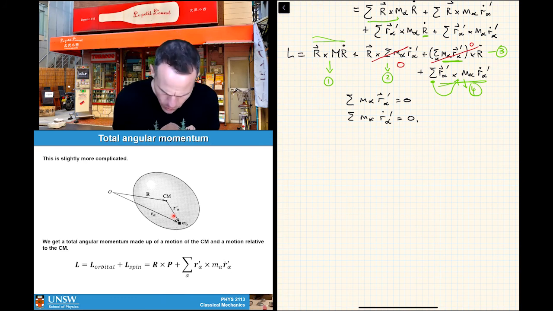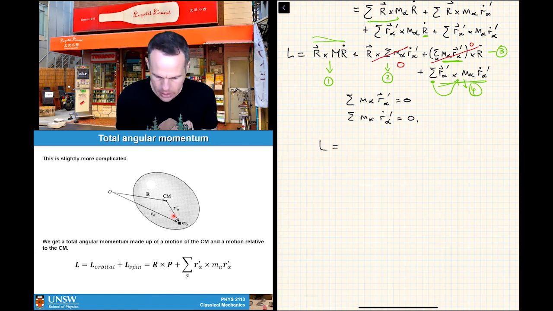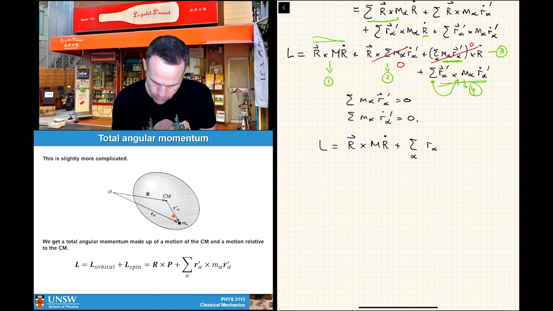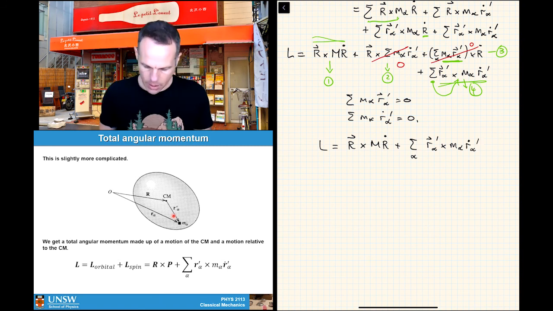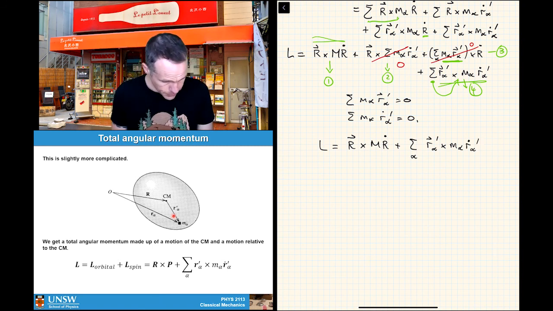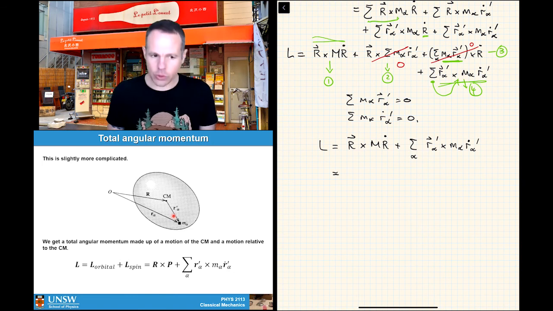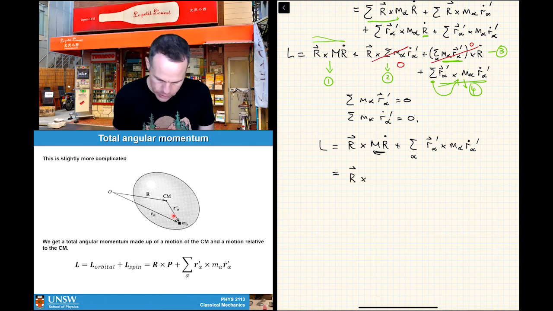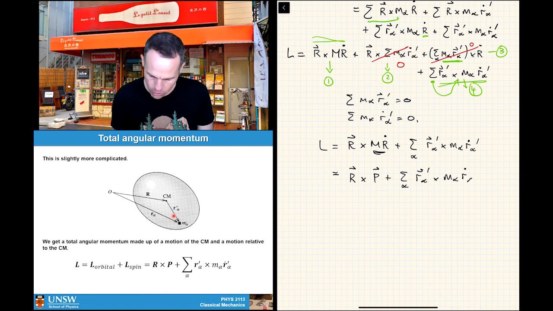And so what I can do in here then, as a final step, is say that L is going to be R cross m R dot plus the sum over alpha R alpha dash cross m alpha R alpha dot dash in here. And then I can use the expression I had on my last slide to deal with this piece here. So this is going to be R cross P plus the sum over alpha R alpha dash cross m alpha R dot alpha dash, okay?